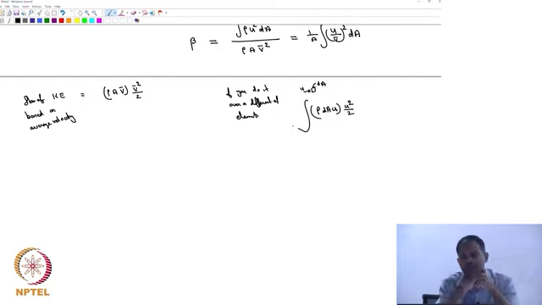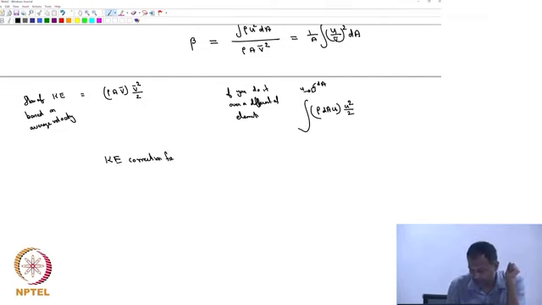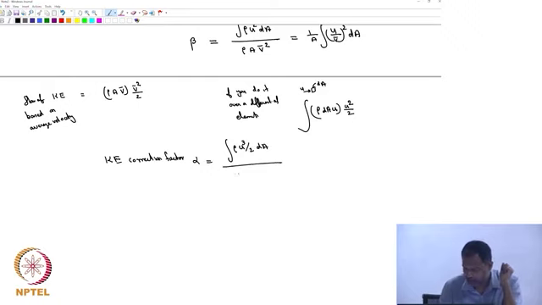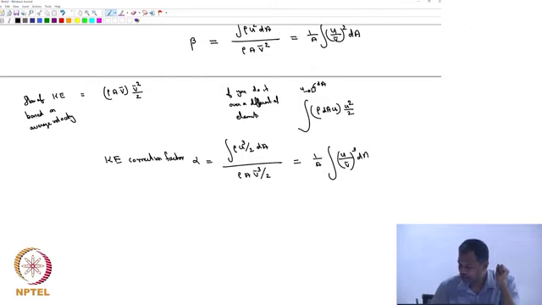So, you know that these two quantities are not the same, and therefore you define a kinetic energy correction factor alpha as integral of rho u cube divided by 2 dA, divided by rho A V bar cube divided by 2, and that means you have 1 by A integral of (u by V bar) cube dA. So, that's the kinetic energy correction factor.